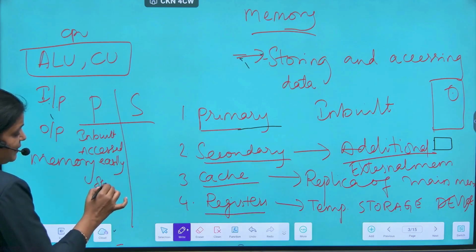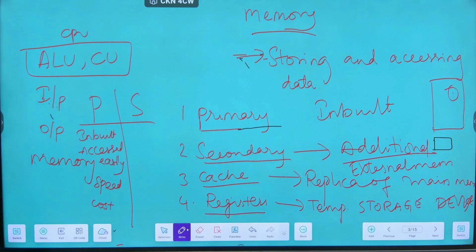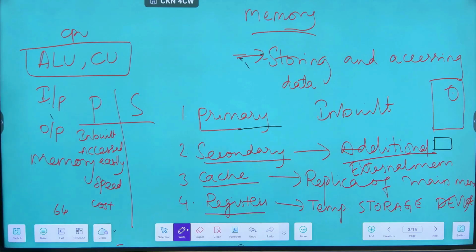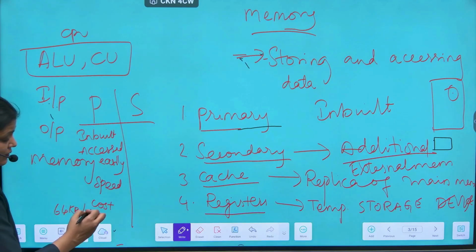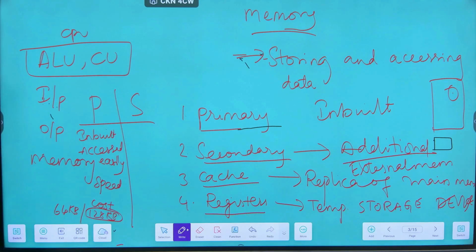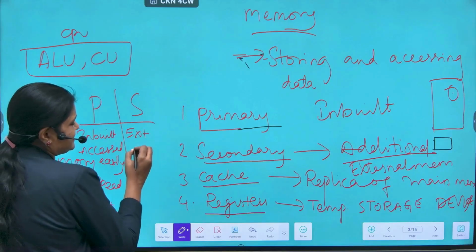Speed will be more, and cost will be more. We can think of an iPhone with 64 or 128 GB. The price varies a lot because it has inbuilt memory. Secondary memory is externally connected memory like SD cards.